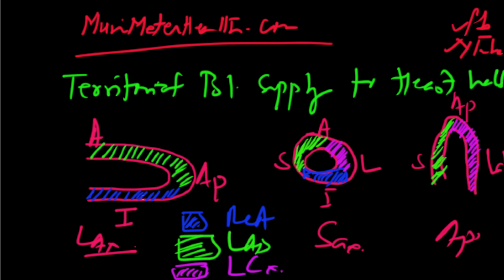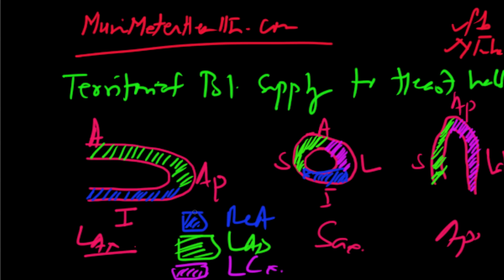Sometimes diaphragmatic tissue can also cause a fixed defect because of the diaphragm being very high in those settings, especially if patients have huge bellies. So if they have a lot of adipose tissue in the abdomen, you'll see the diaphragm is pushed up, and this inferior wall, both in short axis as well as in the long axis view, will appear as a fixed defect. So that's one cause of fixed defect, that is the artifacts.